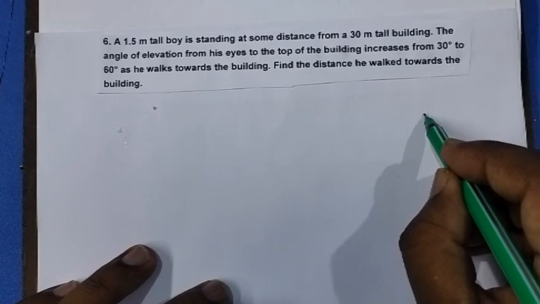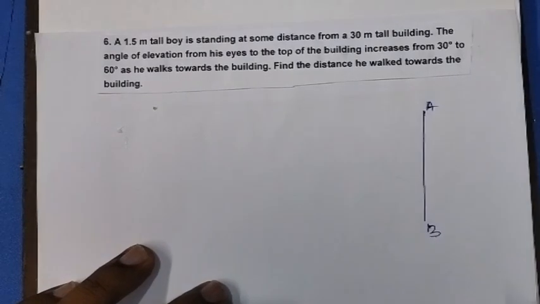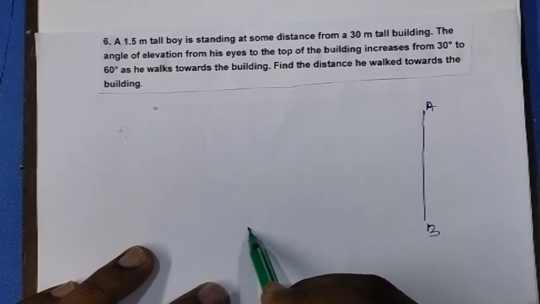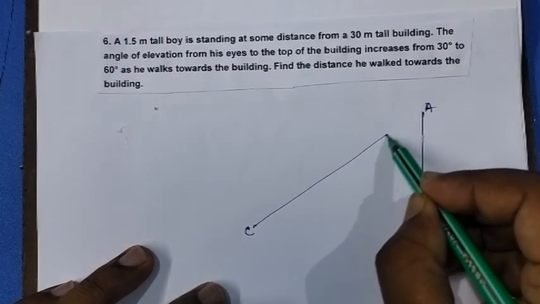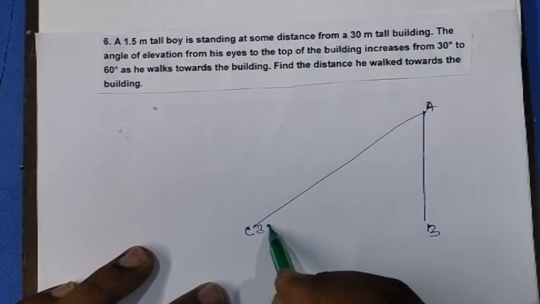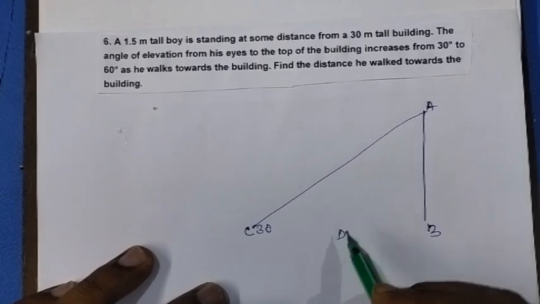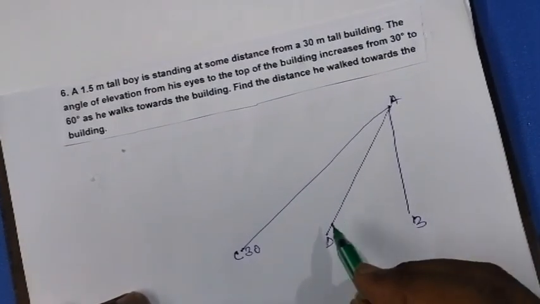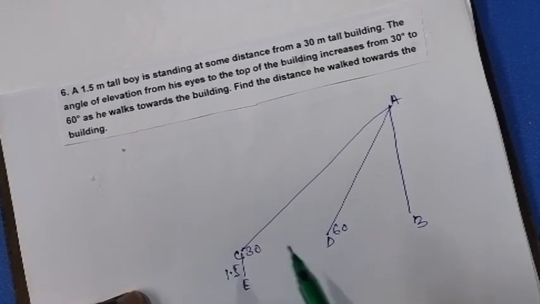Let AB be the height of the building, C is the first position of the child where the angle is 30 degree, and D is the second position of the child where the angle is 60 degree, and CE is the height of the child, that is 1.5 meter.